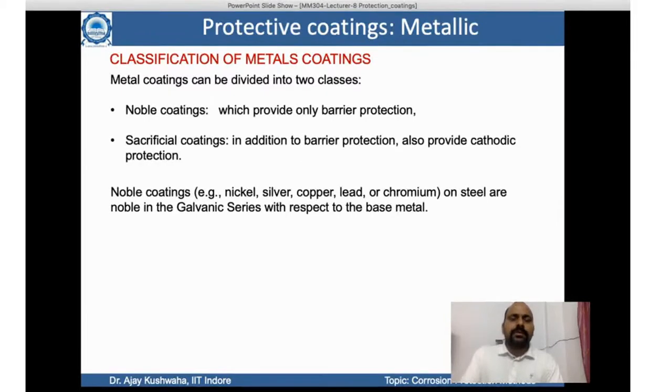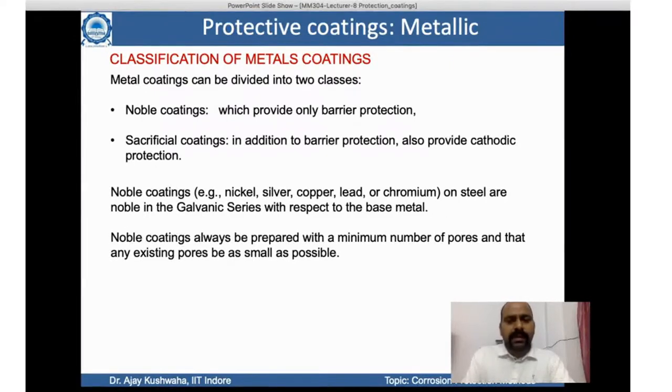We first have to see which material we want to protect. If we want to protect steel, then nickel, silver, copper, lead or chromium can be applied as a noble metal, because they are noble in the galvanic series with respect to the base material.